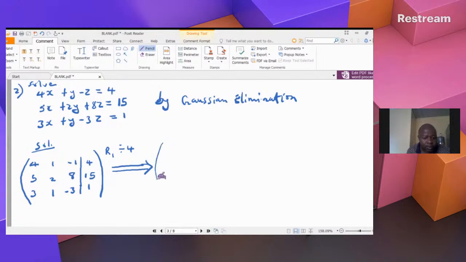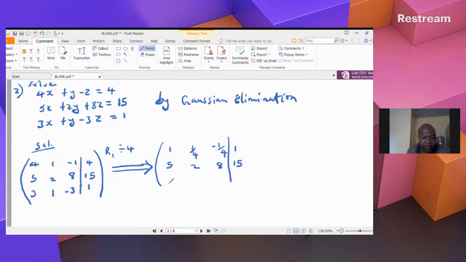So when we do this, row 1 gives me 1, a quarter, and -1/4. And this other point gives me 1. And we've not touched row 2, so I just write it the way it is.